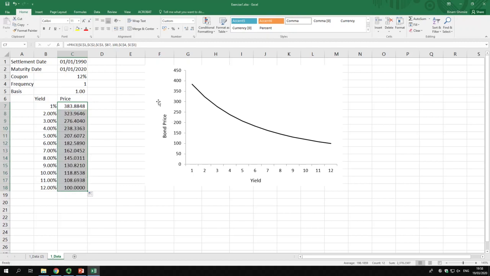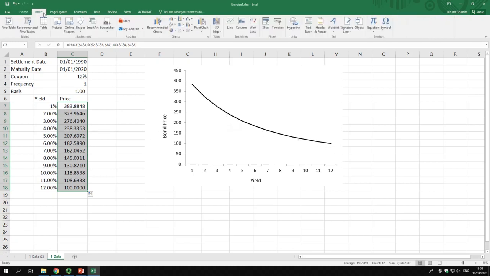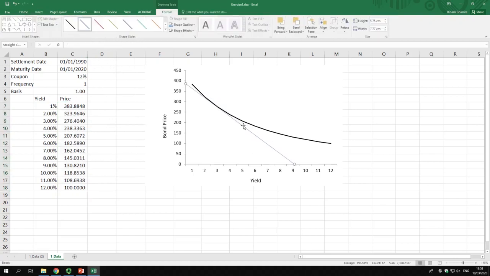So this is the yield bond price relationship graph. Now one thing which is important here is, if I draw a line, let's say something like this, does this line represent the price and the yield? The answer is no. What does that mean?